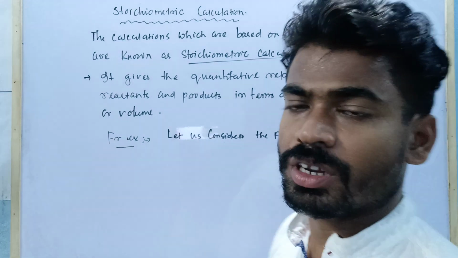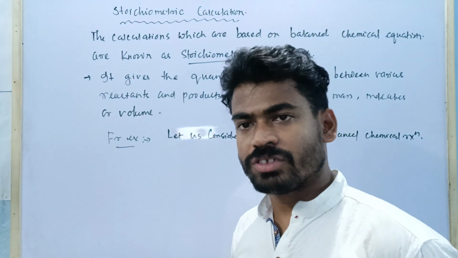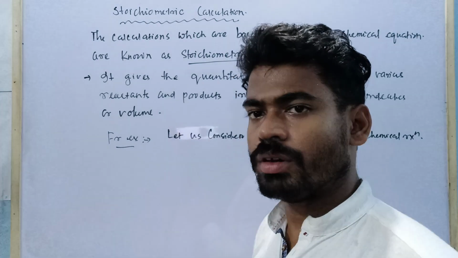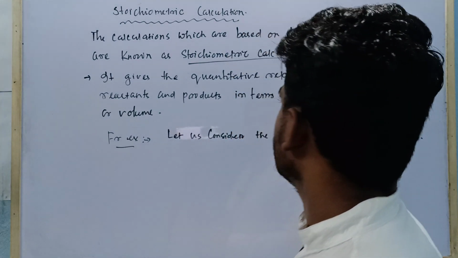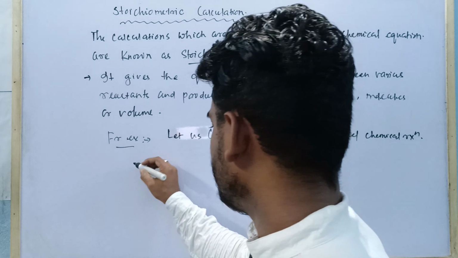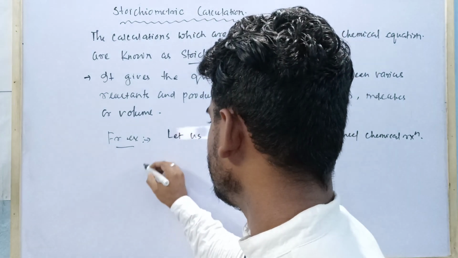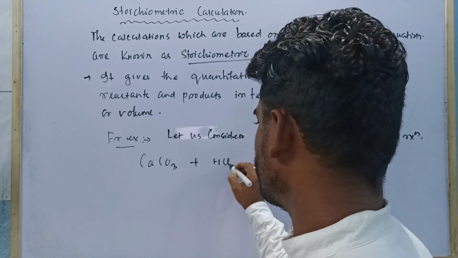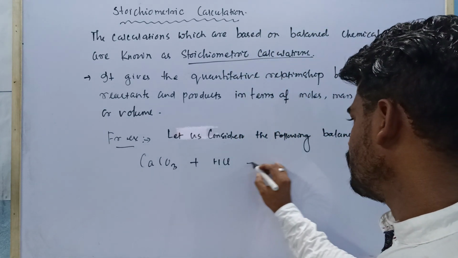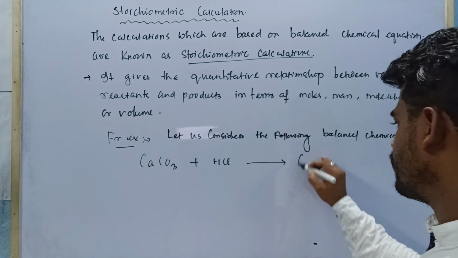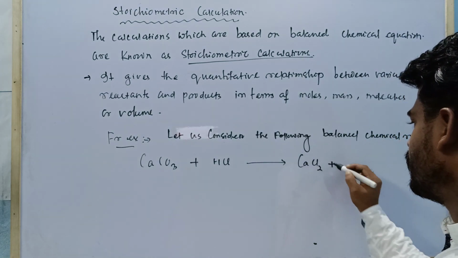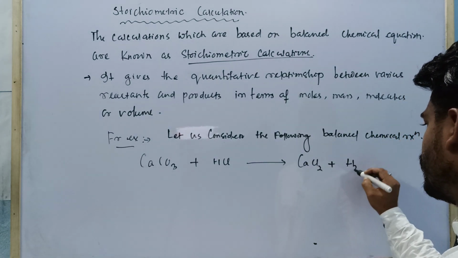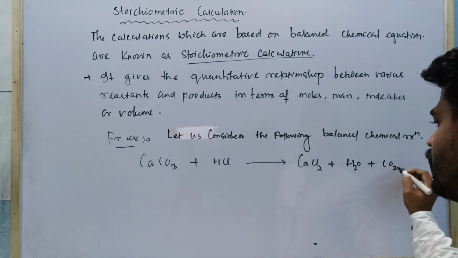First key point, just remember, your chemical reaction should be balanced one. Otherwise it will be wrong. Suppose I am considering a reaction of the type, let's say calcium carbonate treated with hydrochloric acid. So it will give you products like calcium chloride plus water plus carbon dioxide.